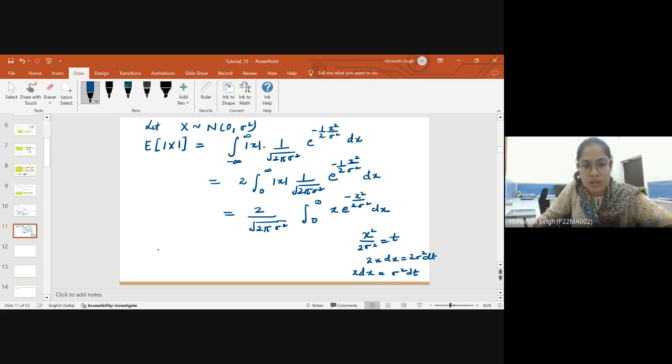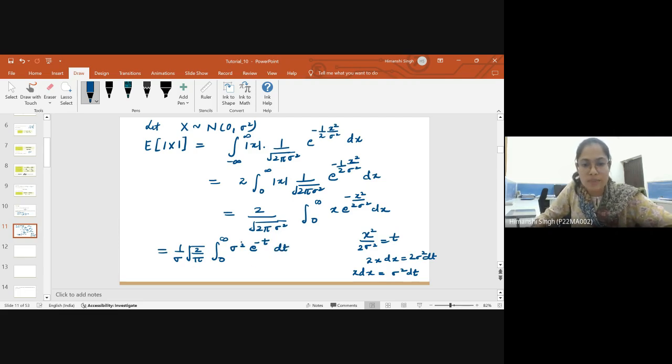So this is equal to 1 upon sigma under root of 2 upon pi, integral 0 to infinity, and the limits will be the same, because when x is 0, t will be 0, and when x is infinite, t will also go towards infinity. Here x dx will be sigma square dt, so sigma square will come, and e to the power minus t we will be having, and this is dt. Okay.